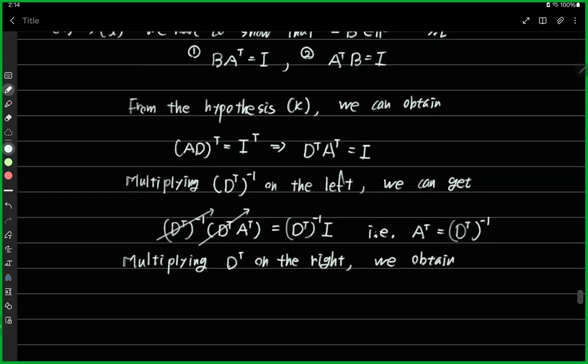Multiplying D transpose on the right, then we're going to get D transpose. Give me a second. D transpose on the right.